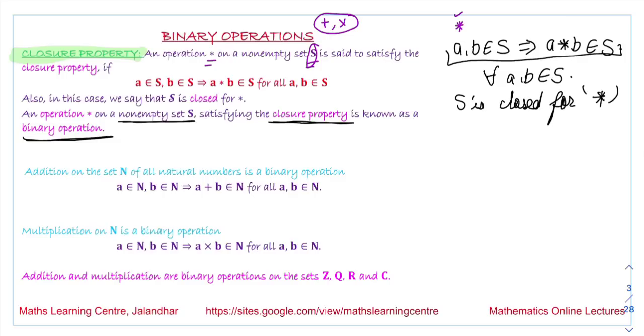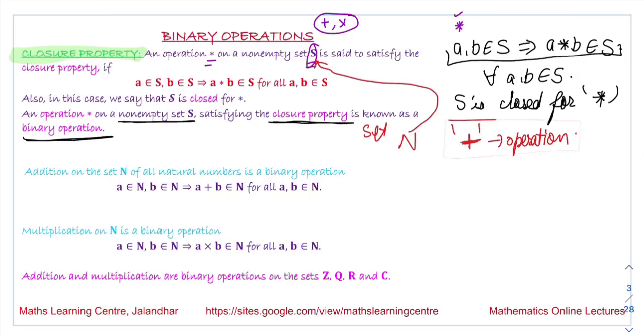First of all, we are talking about the set of natural numbers, and we are defining the binary operation as addition, A plus B. This is the operation, and this is the set S we are talking about. To prove that this is a binary operation, we have to prove that N is closed for addition.